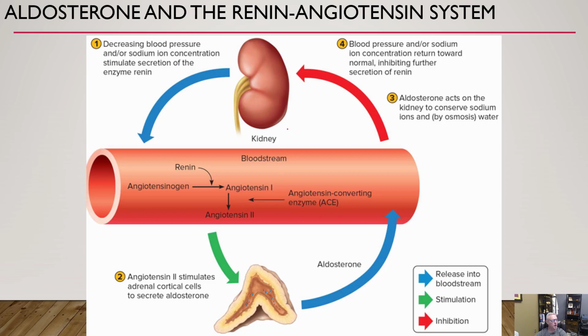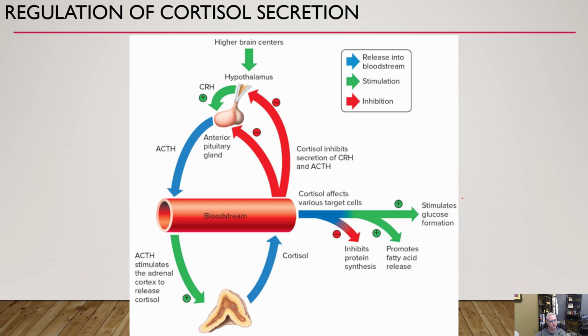So if you have an ACE inhibitor, it's going to block this step right here and basically prevent the conversion of angiotensin 1 into angiotensin 2 and hopefully lower your blood pressure.